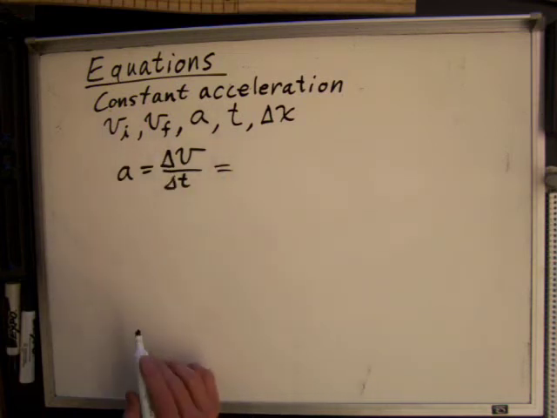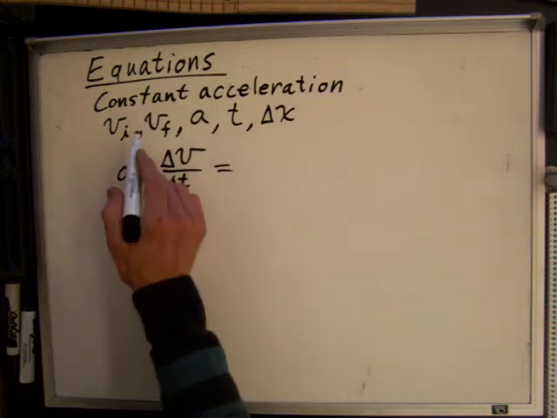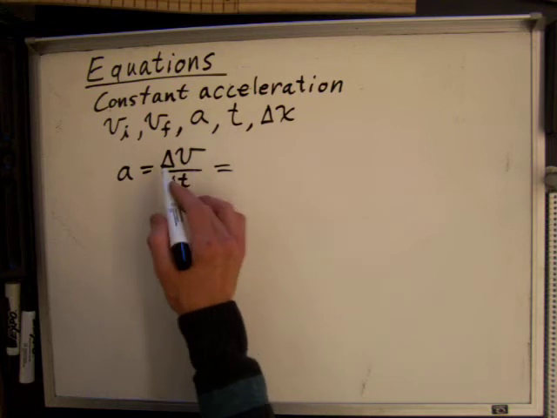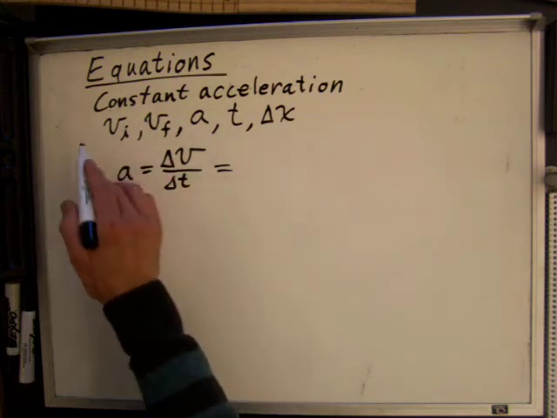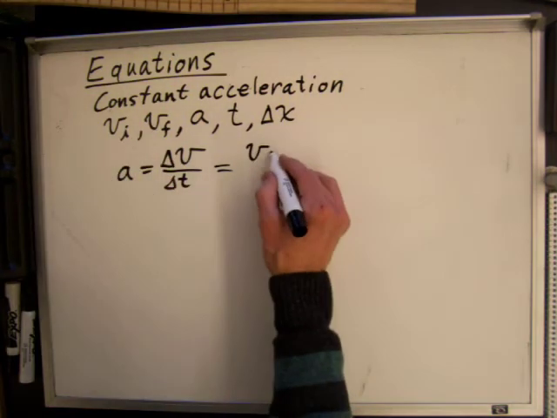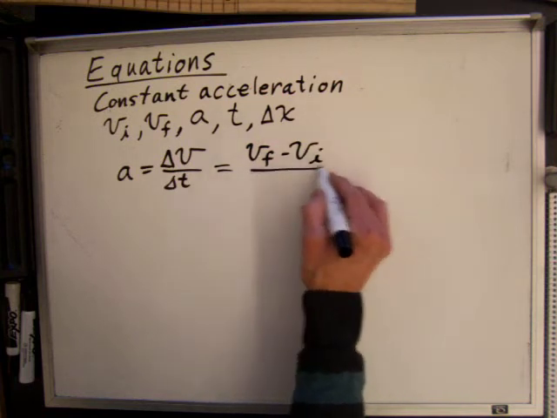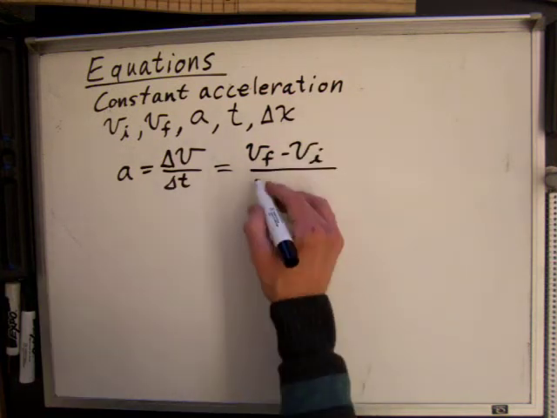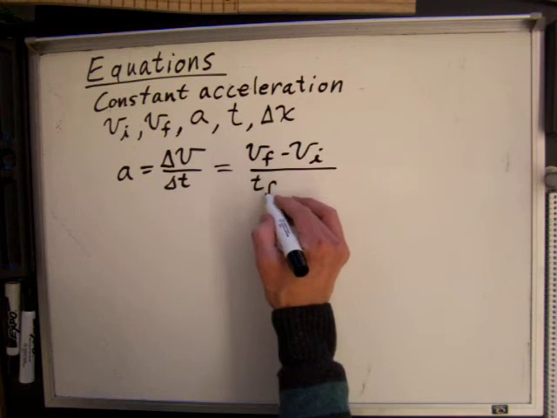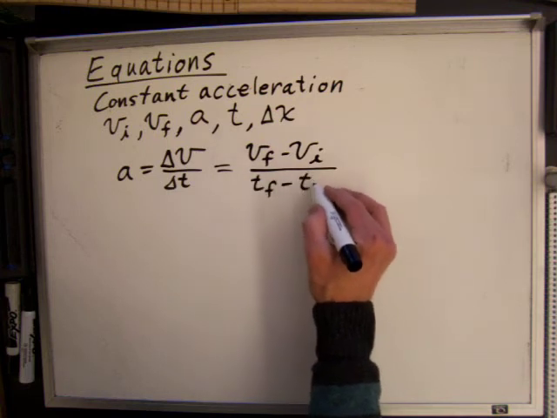Now delta V is the same thing as V final minus V initial. So anytime there's a change, we can just subtract V final minus V initial. Delta T goes the same way. It's the final time minus the initial time.